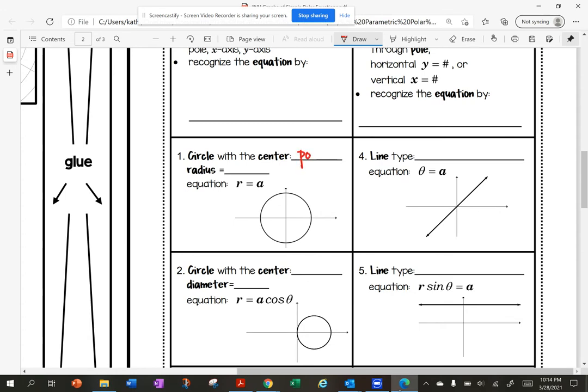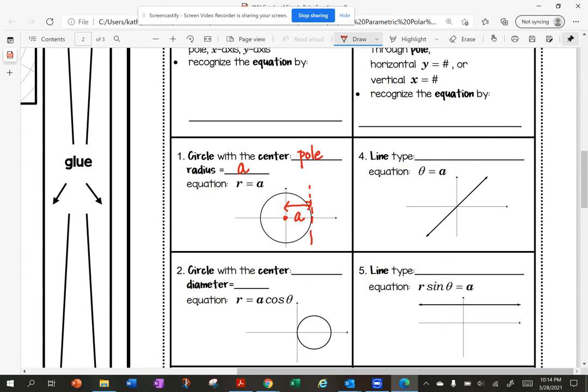So we had a center at the pole, the center of my circle, and the radius was A. I would see from here to here is my radius, A. And number 4, we did, so this was R equals A, whatever the number is.